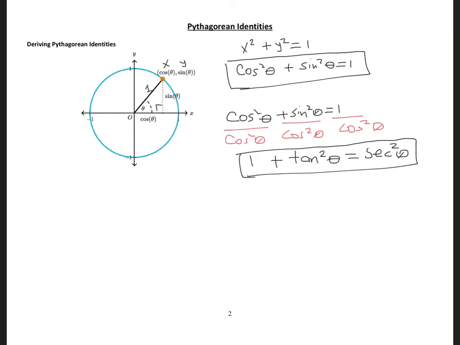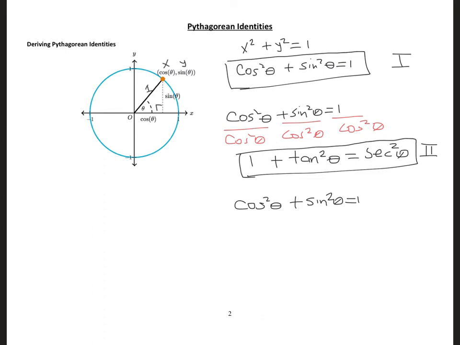So I have 2 identities right now. So this is number 1. This is number 2. I still need one more identity, so I'm going to still use the first Pythagorean identity. So I'm going to write it here. Cosine squared theta plus sine squared theta is equal to 1.